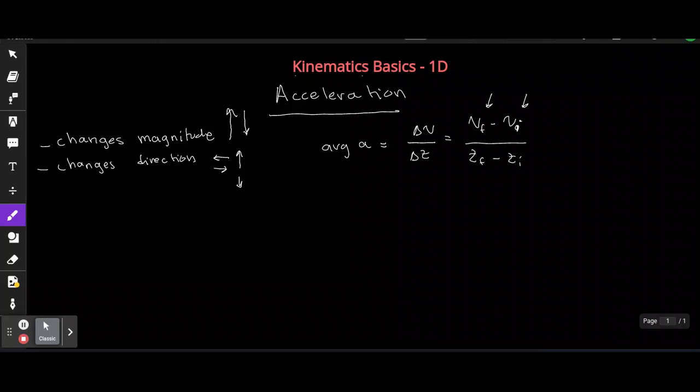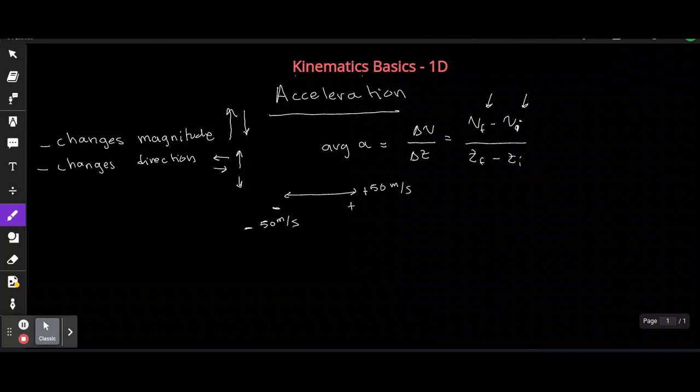For example, in physics, once again, left is defined as negative and right is defined as positive unless otherwise specified. So if our velocity is 50 meters per second to the right, which is positive initially, and finally at its final time, it's traveling at the same speed, 50 meters per second, but left, which is negative, that tells us that we have a change in direction, however not a change in our magnitude.